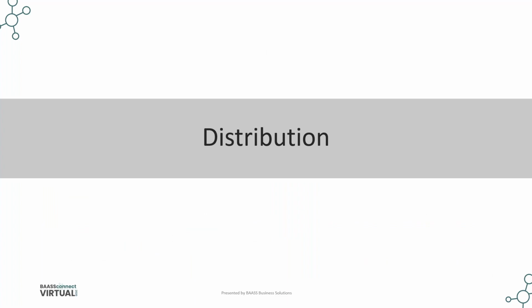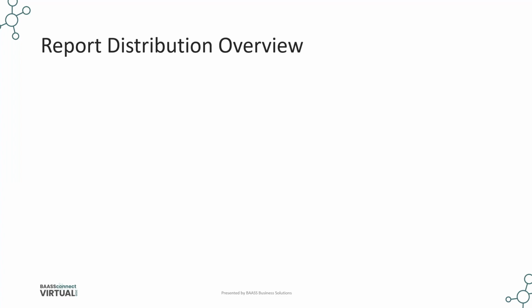Now let's take a look at the distribution feature of Sage Intelligence. To give an overview, what it does is automate report delivery and distribution to improve workflow and speed up business processes. So for example, if we want to email a report to our colleague, instead of having to save the Excel workbook, create a new email, and attach the file, we can have all of this set up and completed in Sage Intelligence.